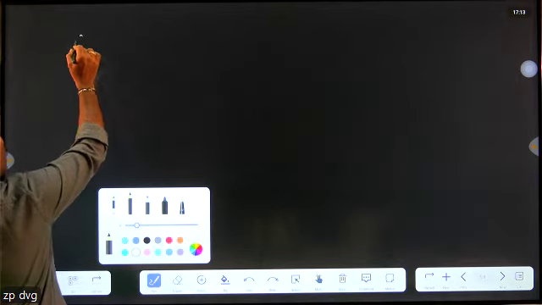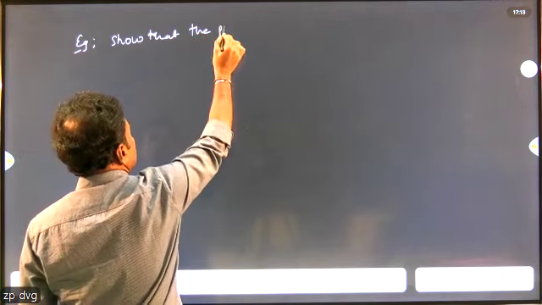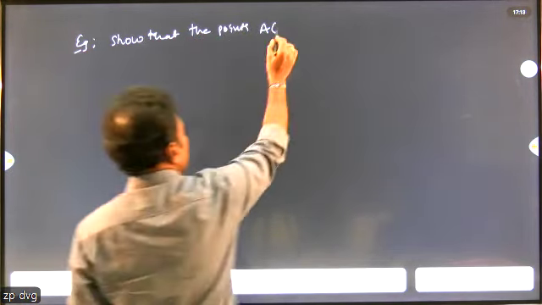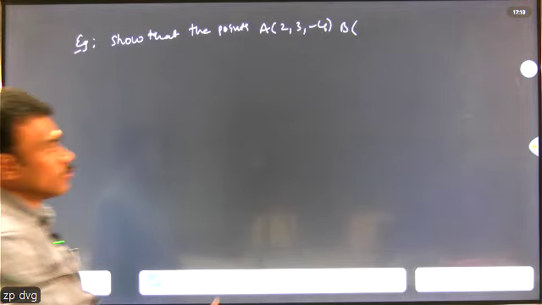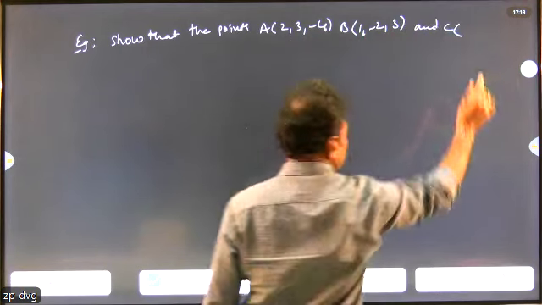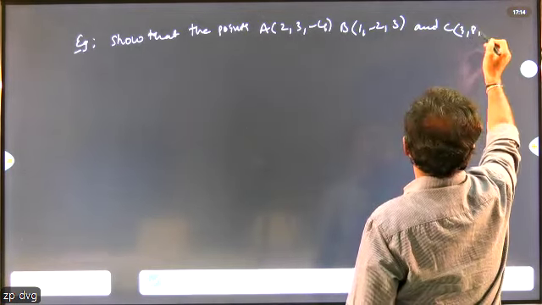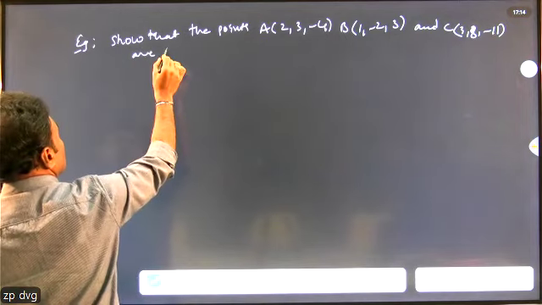Show that the points A(2, 3, -4), B(1, -2, 3), and C(3, 8, -11) are collinear.